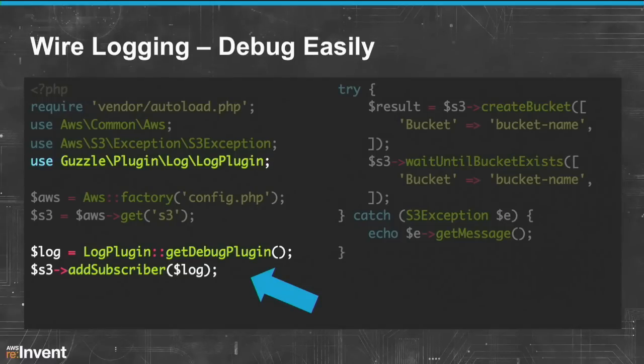So the log plugin is actually an object provided by the underlying Guzzle library in the SDK. So you can create a log plugin object using the default settings by using that getDebugPlugin method down on the bottom left, and attach it to the client using the addSubscriber method. Once that's done, every request you make with the S3 client will dump out debug data to your console.